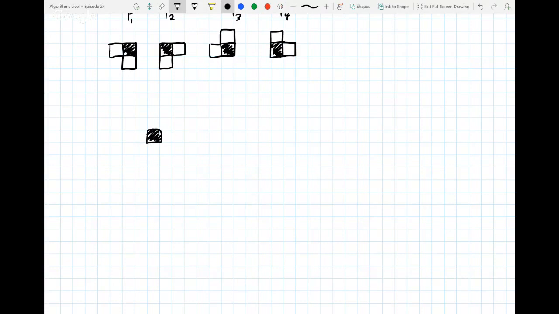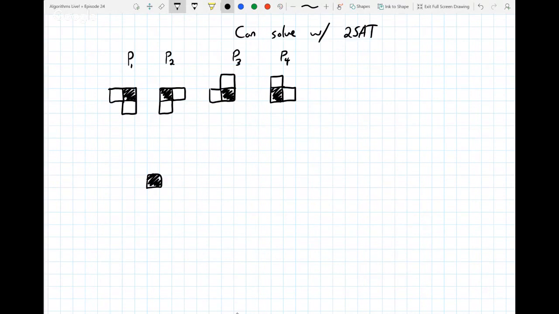Look at every single one of these configurations. We're either going to have something below us, in this case P1 and P2, or we're going to have something above us, in the case of P3 and P4, something above the black cell. So it's this way, or it's this way.